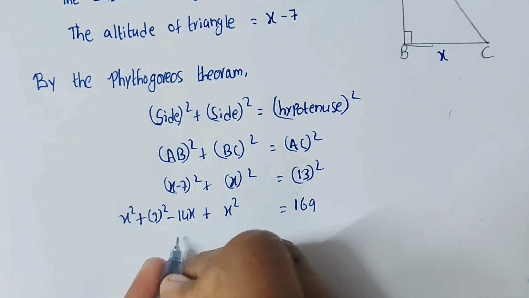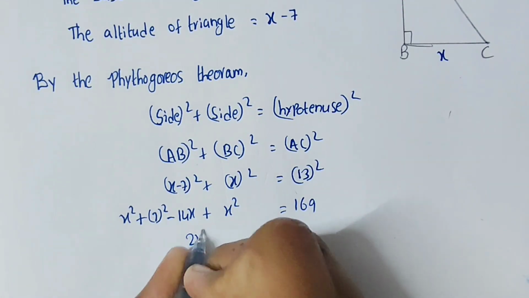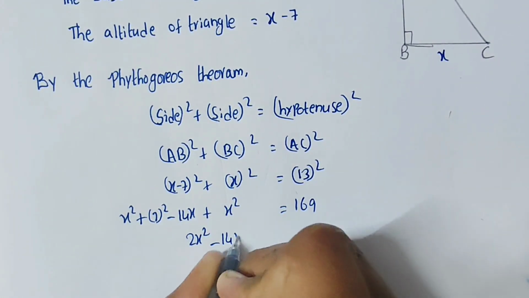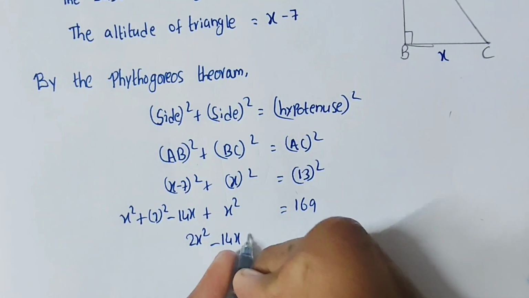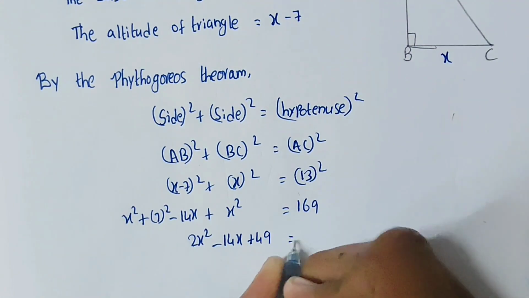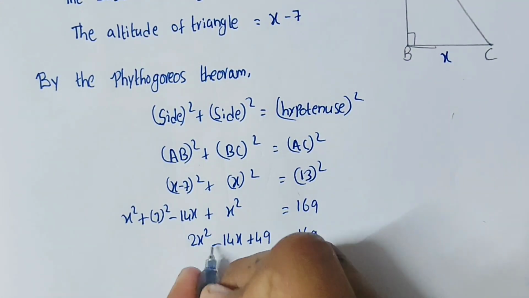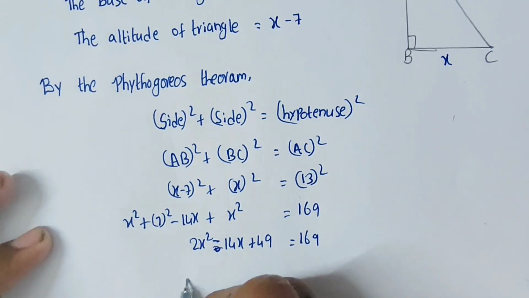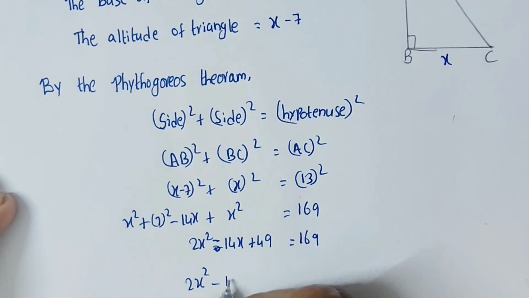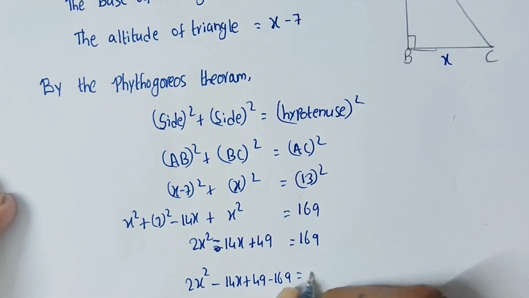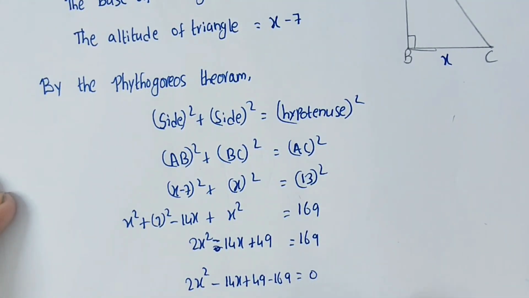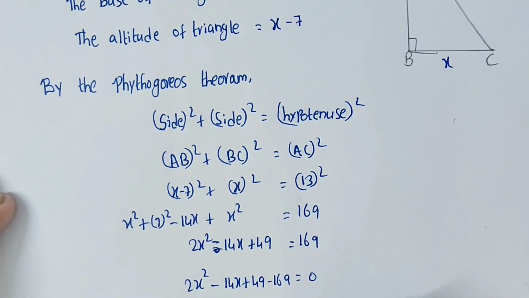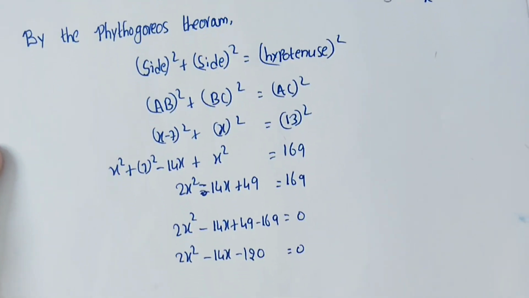Here x square plus x square is 2x square, minus 14x plus 49 equals 169. I am going to transpose 169 to the left side. Then it becomes 2x square minus 14x plus 49 minus 169 equals 0, so 2x square minus 14x minus 120 equals 0.